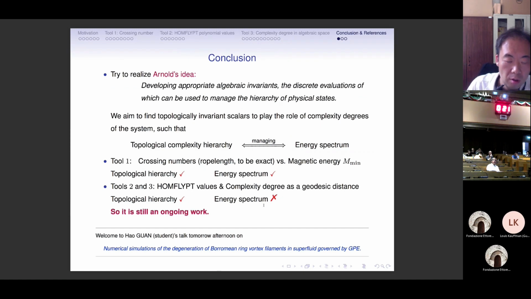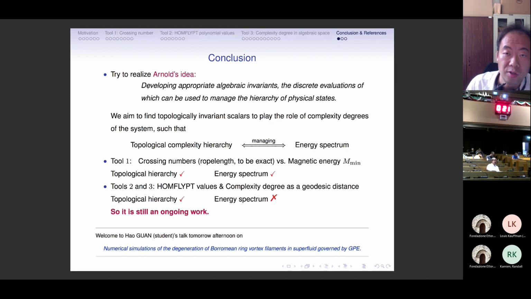Okay, conclusion. We try to realize Arnold's idea, that is developing appropriate algebraic invariants to label the topological complexity of a complex system. Then we can use the hierarchy of this topological complexity to manage the physical hierarchy, I mean the energy spectrum.